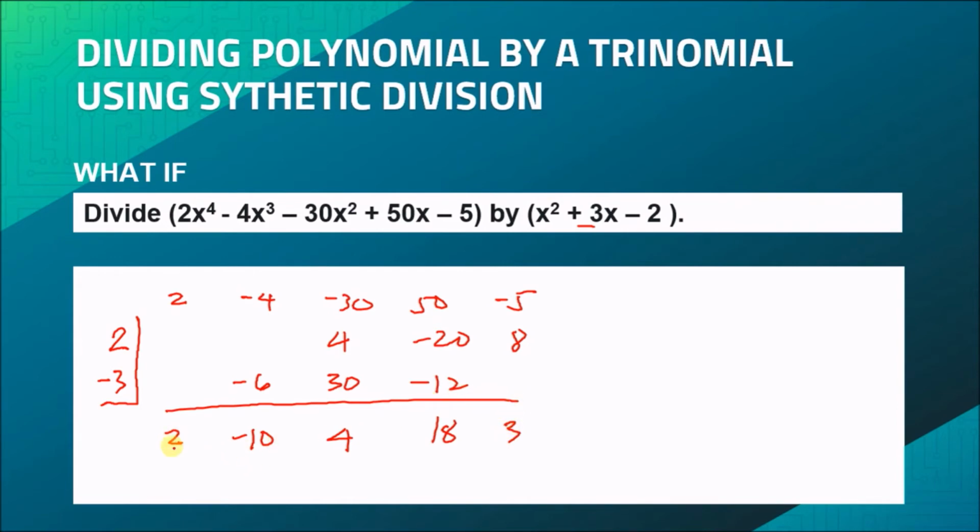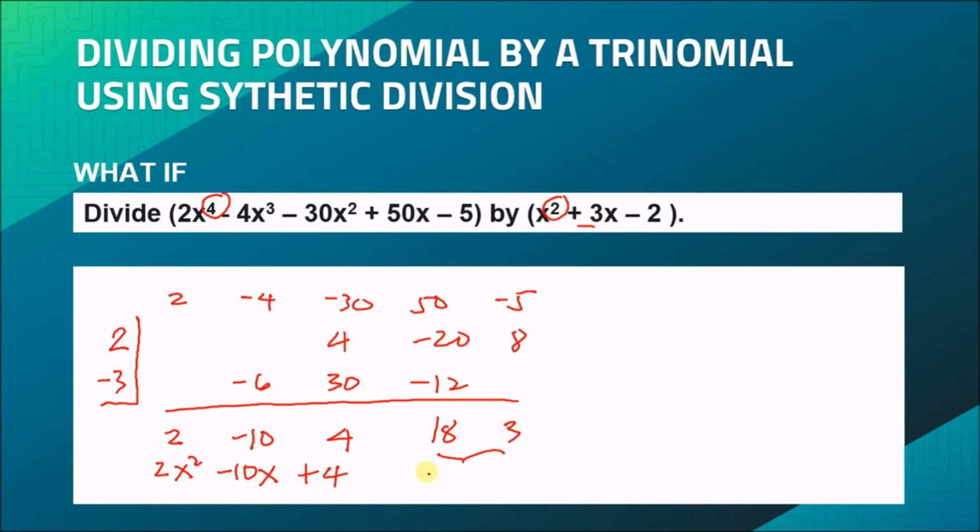If we are going to finalize our answer now, again, if this is 4 and this is 2, magsisimula tayo sa degree 2 pagdating sa quotient natin. Kaya ang ating sagot ay 2x squared minus 10x plus 4. Yung 18 and 3 dito class ay magmumula dyan yung ating remainder. Kagaya ng sinabi ko kanina sa previous example, ang posibleng magiging remainder natin is a binomial expression.